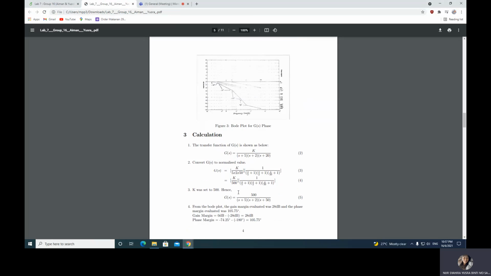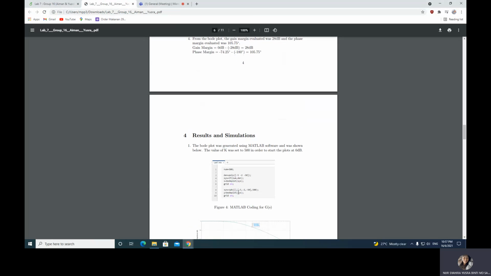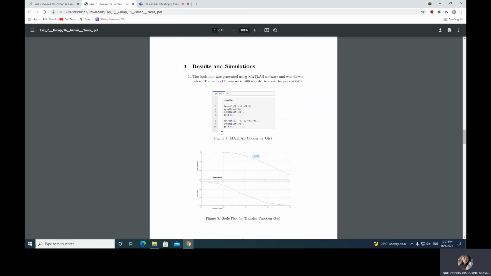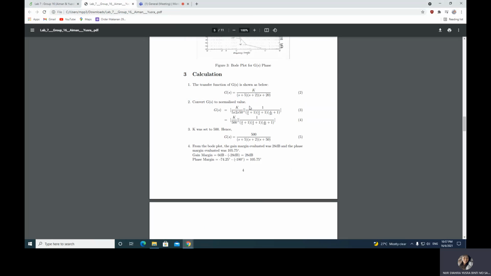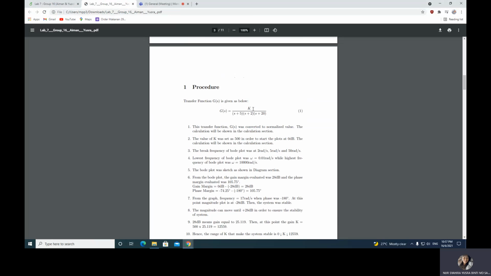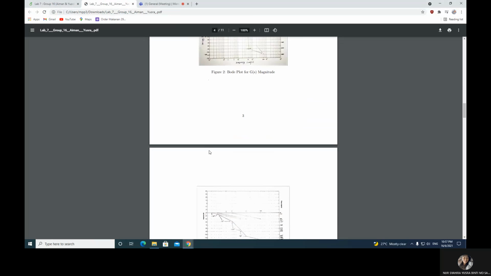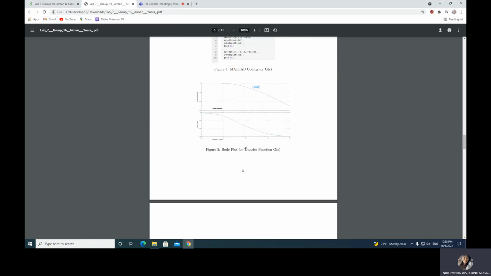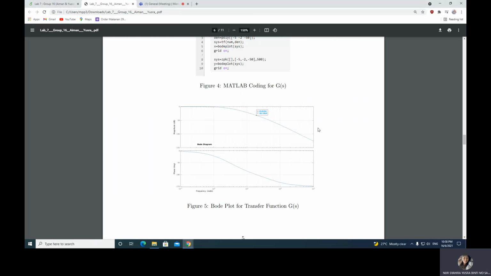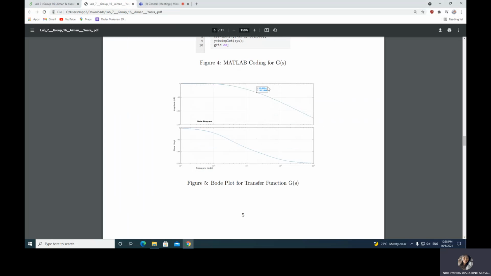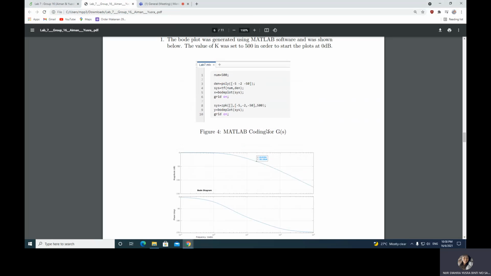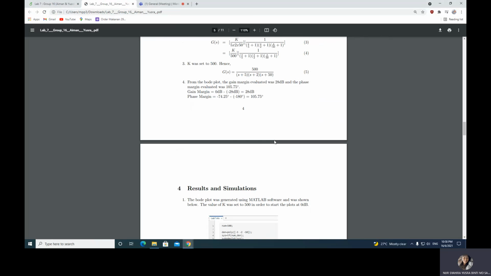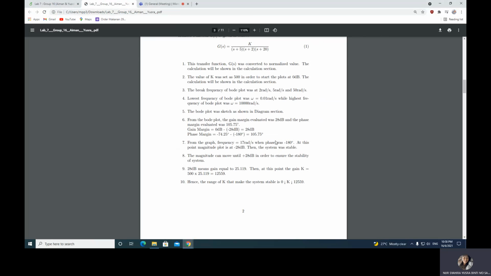That's for the theory part, and then we proceed to the simulation using MATLAB. As stated here, the number is 500, which is the value of K, and we just add the values of -5, -2, and also -50, which are our break frequencies, and then we get our results here.